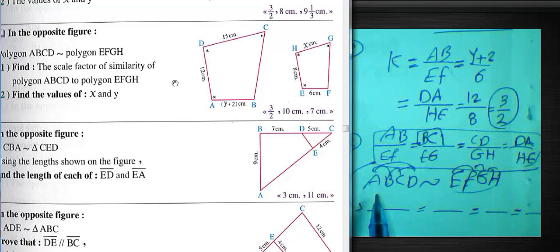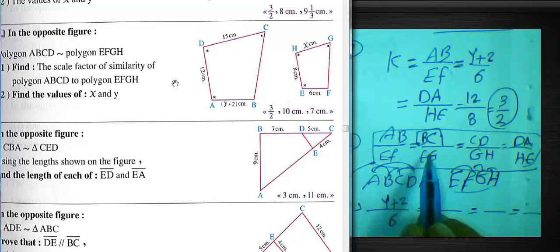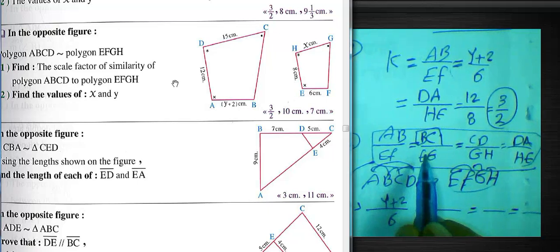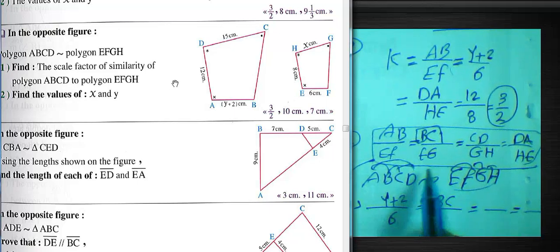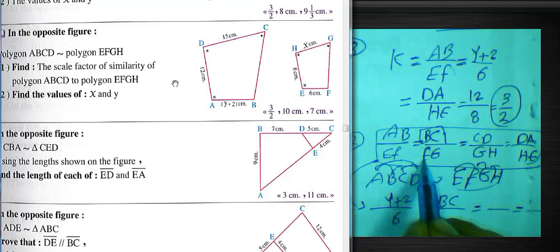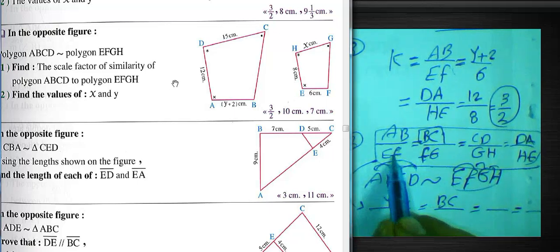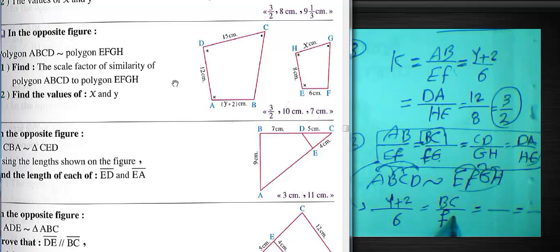equals y plus 2, EF 6, BC, the length of BC we haven't. The length of EF or FE equals this FG, okay? Again, this FG we haven't. Never mind.